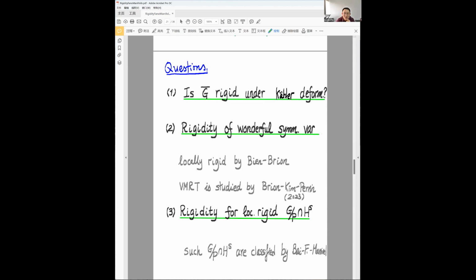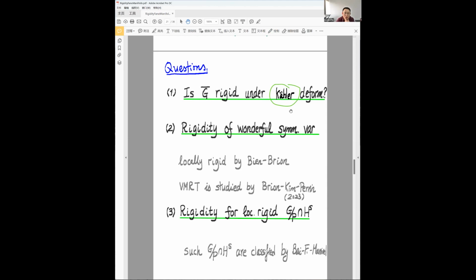This we still don't know. This is the strongest question: can we show it's rigid under Kähler deformation? And then the second question is about the rigidity of wonderful symmetric varieties.